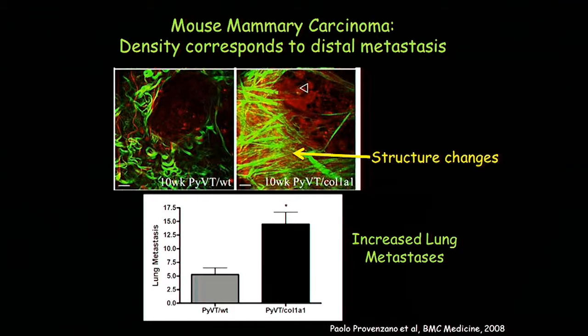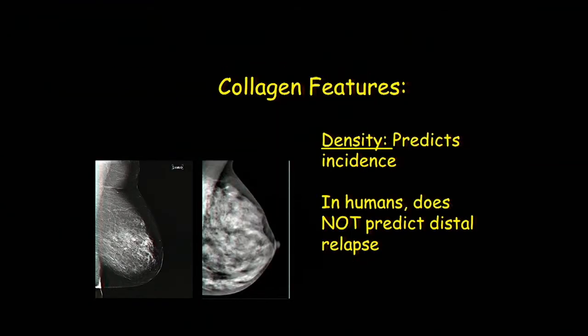Now, what's interesting here is this looks like a big structural change as well as an amount of collagen change. So from there, we backed up and we started thinking about, well, what's the structure of collagen? One of the things that has been very confounding in the mammographic density field is that there are a lot of studies, and they're conflicting, about whether density predicts long-term outcome in humans.